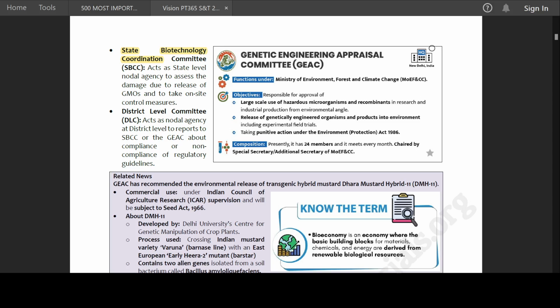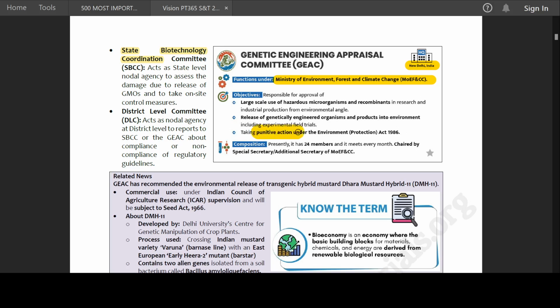The Genetic Engineering Appraisal Committee (GEAC) is very important. The headquarters is in New Delhi, India. It comes under MOEFCC. The Department of Biotechnology comes under the Ministry of Science and Technology, whereas the Genetic Engineering Appraisal Committee comes under the Ministry of Environment, Forest and Climate Change, that is MOEFCC. It is responsible for large scale use of hazardous microorganisms and recombinants, release of genetically engineered organisms and products into the environment, and taking punitive action under the Environment Protection Act 1986.